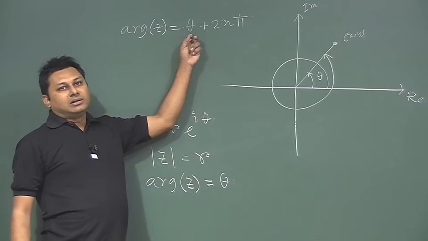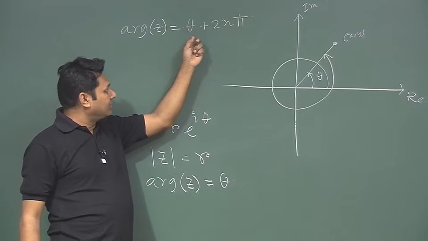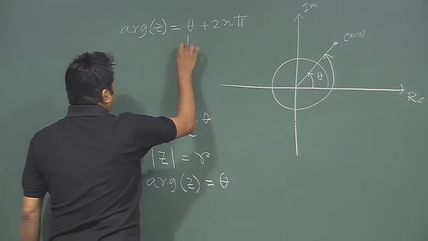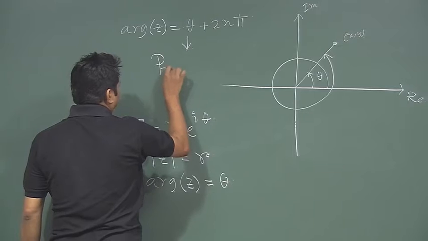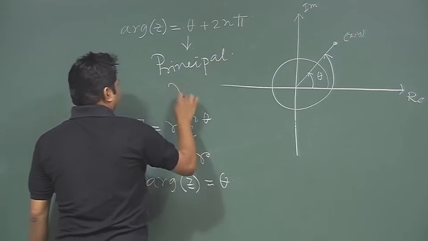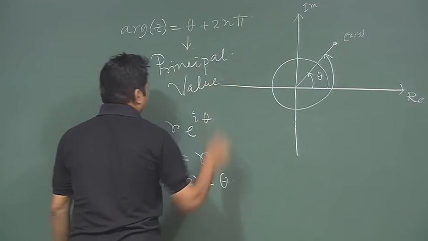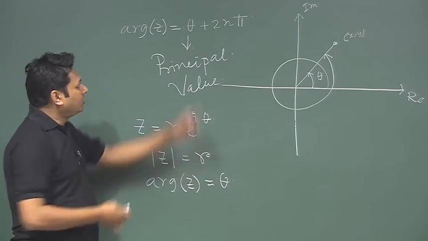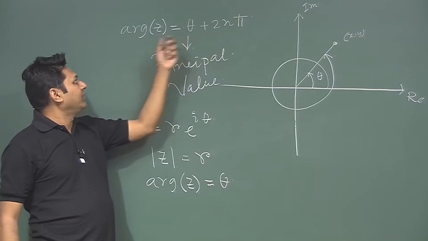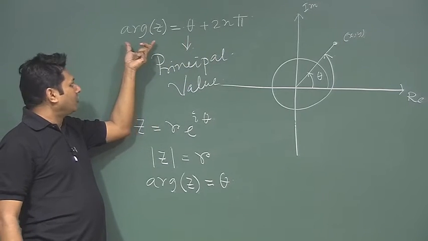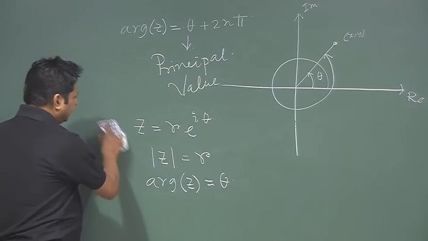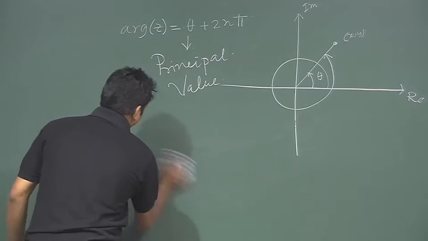Now, this theta, which is the value from here to here, is called the principal value. This principal value of theta should have some restriction, obviously, because if I add 2 n pi to it, I will get the argument of z.